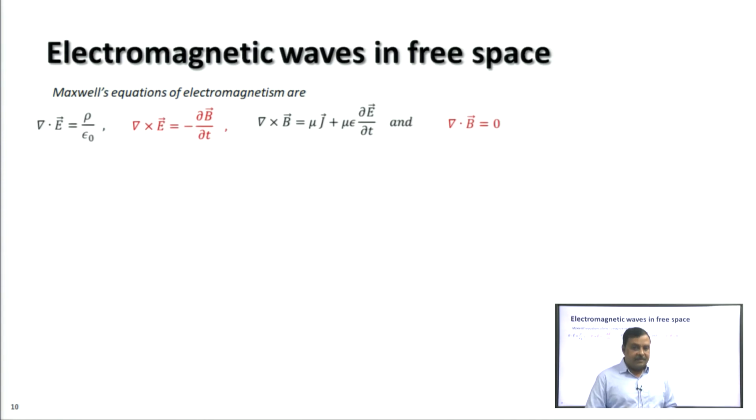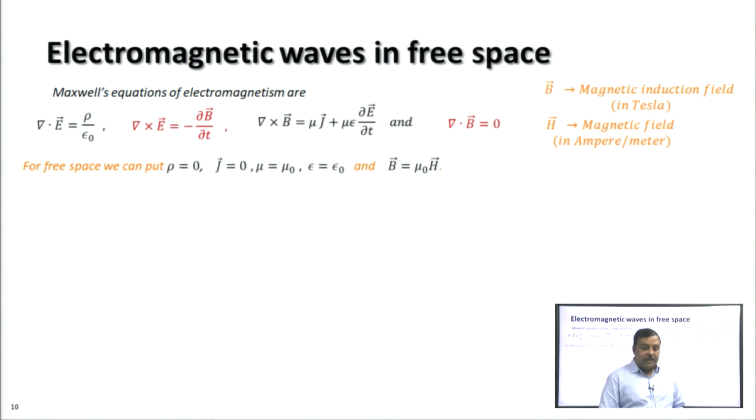Here E is electric field, B is magnetic field, mu is permeability of the medium, epsilon is permittivity of the medium, J is current density. Okay. So, let us write these equations for free space.